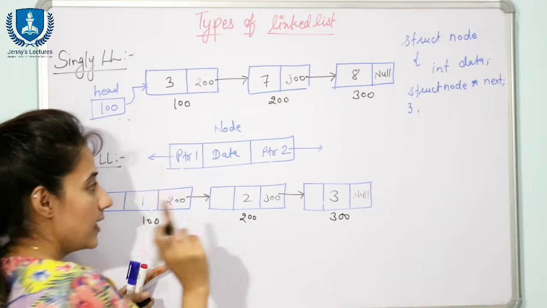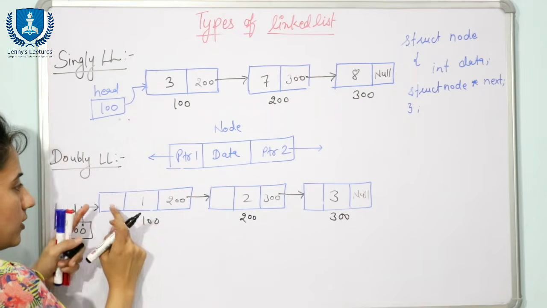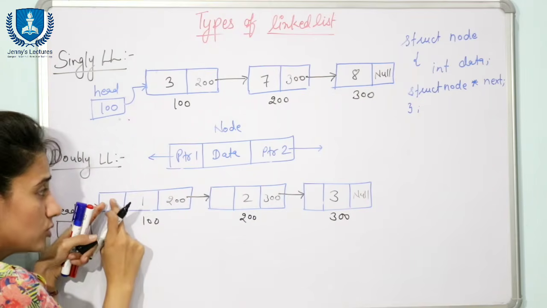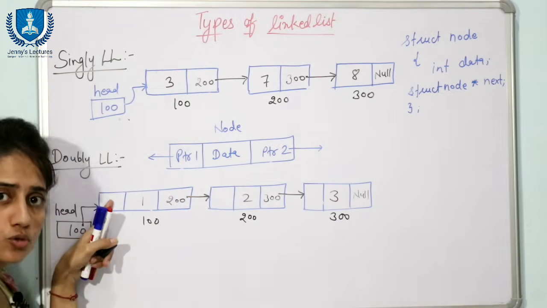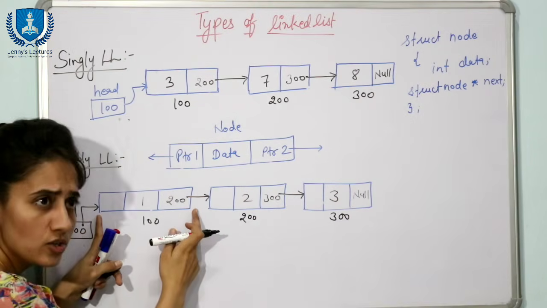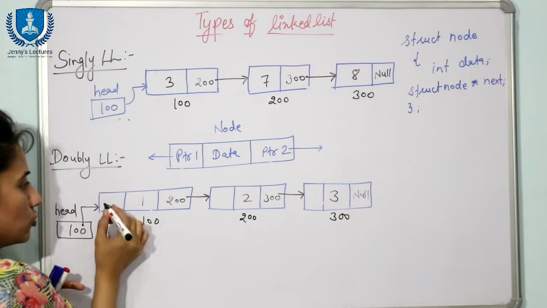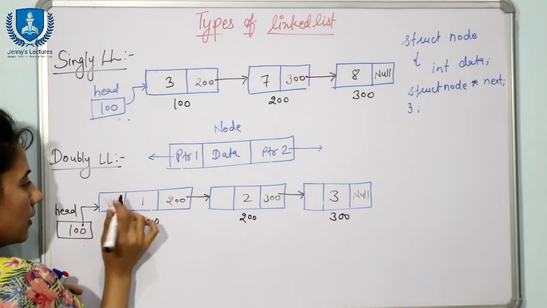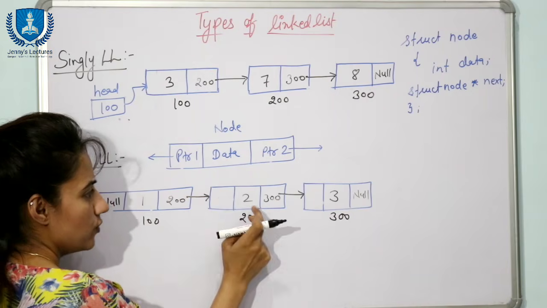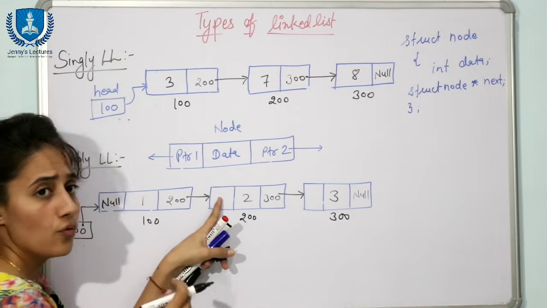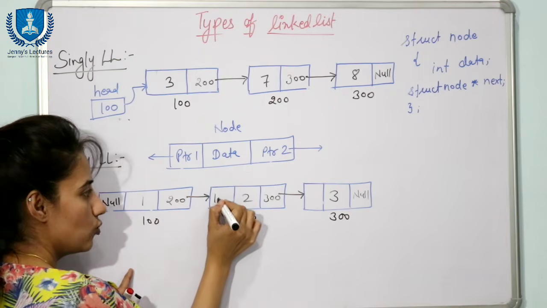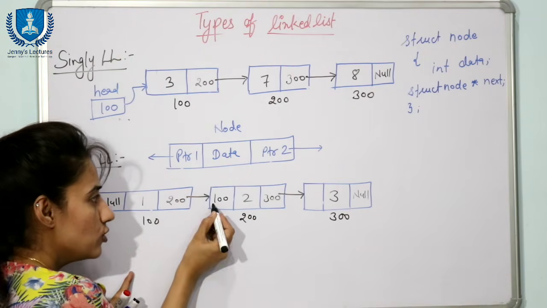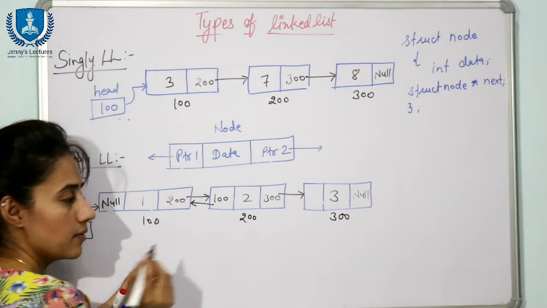Now the second pointer is pointer 1. This address part holds the address of its previous node, but this is the first node, no previous node is there, so it is going to have null. And this part of this node holds the address of its previous node. The previous node is this one, its address is 100, so it is going to have 100, and it is going to point here.